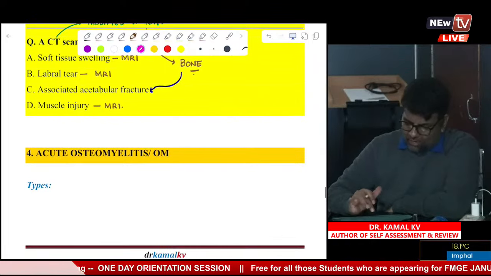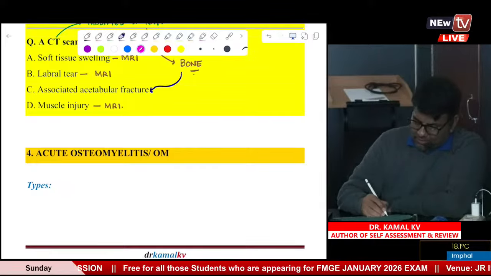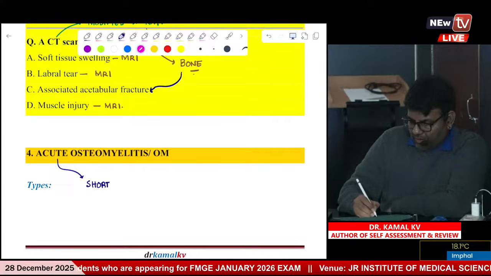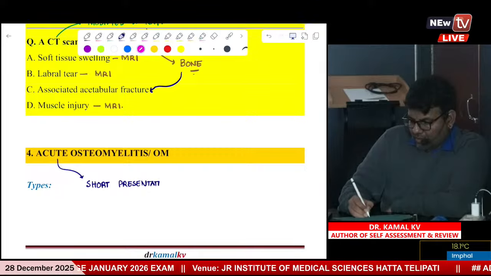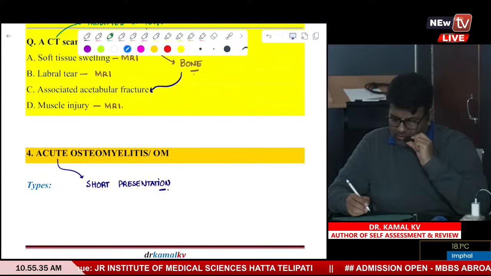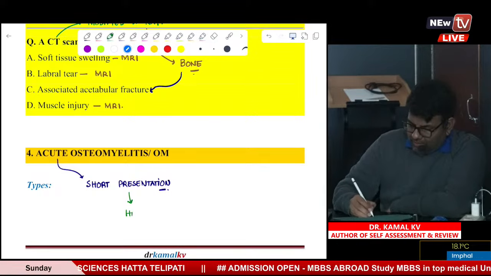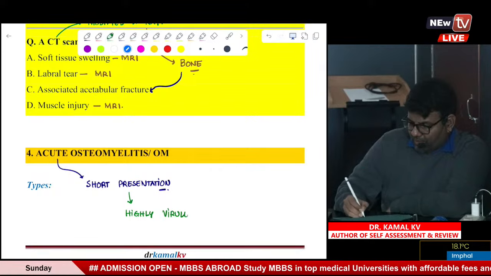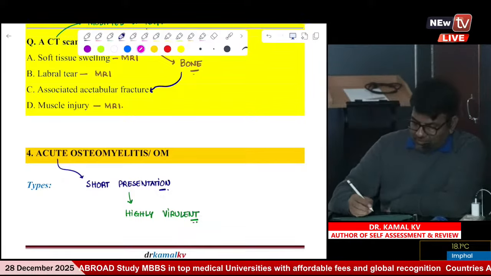Then moving forward to acute osteomyelitis. Acute means, what is the term acute? Short presentation, very good. It can be hours. So, acute means that the organism is highly virulent. Virulence is disease causing capacity.